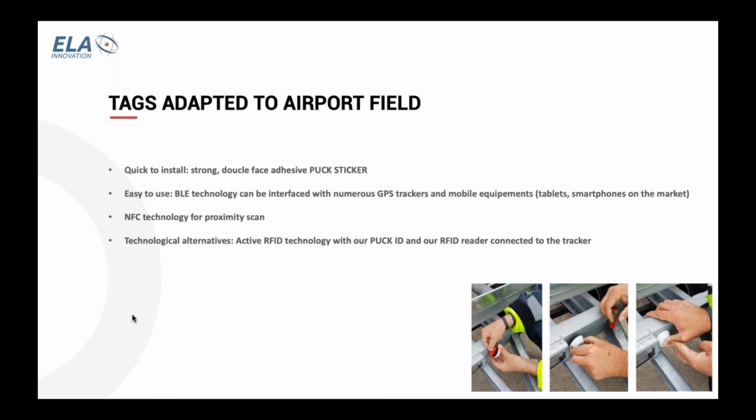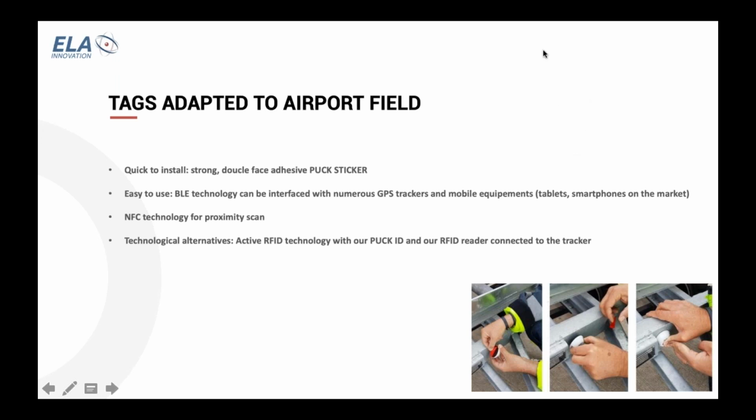They are easy to use because of the BLE communication. They are compatible with numerous GPS trackers and mobile equipment such as tablets, smartphones, or other objects available on the market that are Bluetooth compatible. They can be parametered with NFC technology, with a proximity scan, either with an NFC reader or with a compatible smartphone.